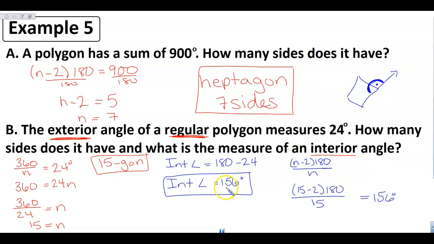Or I say, okay, if I know the interior angle is 156, then my exterior has to be 24. And then I do 360 divided by 24. It's a lot simpler to go this way. So I want you to see the relationship here between the interior and the exterior angle, that they are supplementary. They do add to 180. That way you can make sure that everything is good.